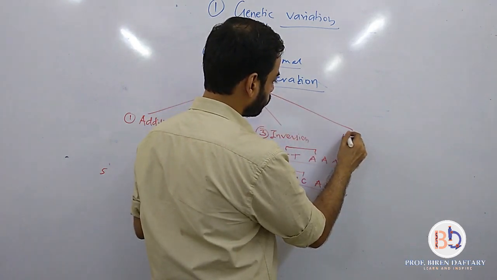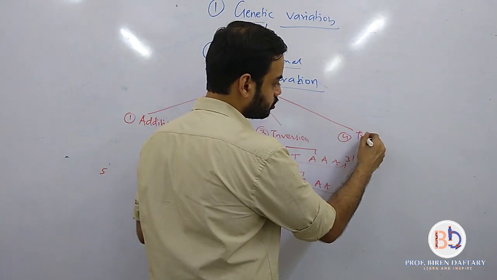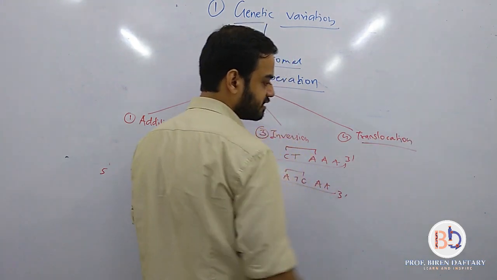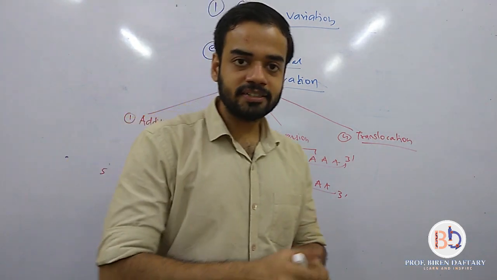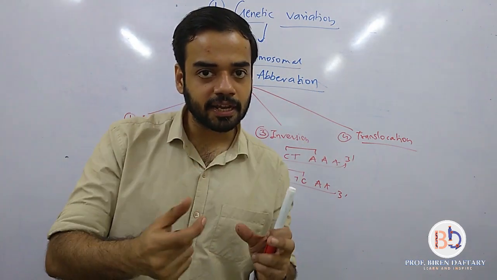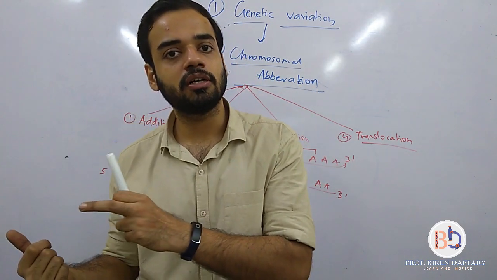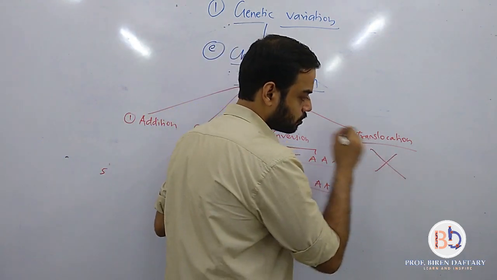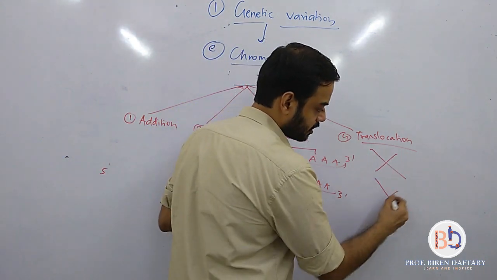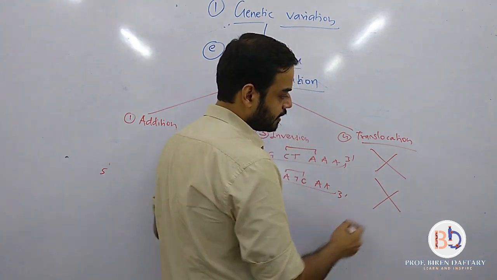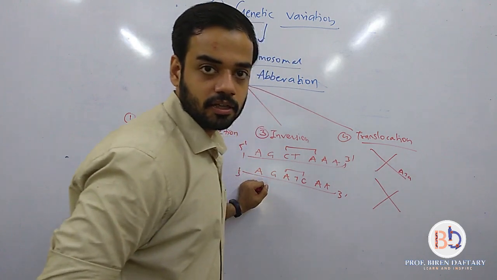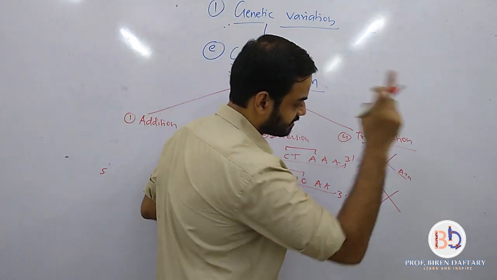And the last type of chromosomal aberration is called translocation. What is the meaning of translocation? See, translocation means a nucleotide sequence from one chromosome will break and it will go and attach to some other chromosome. For example, just imagine this is one chromosome, this is another chromosome. Suppose there is this sequence ATG over here and this ATG breaks.